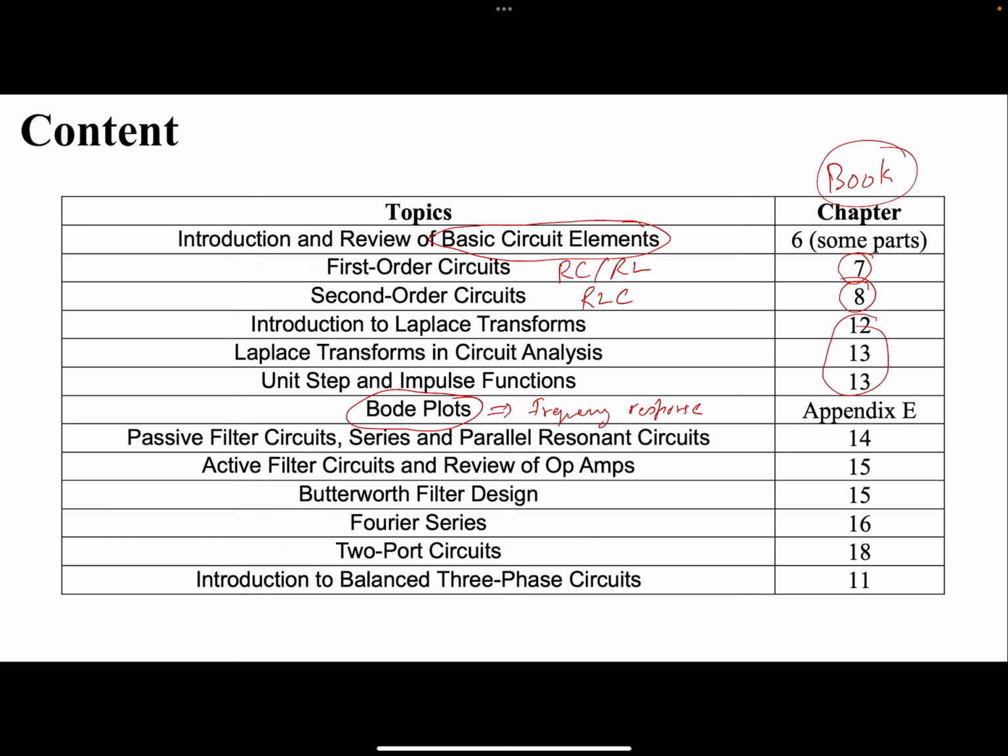Then we will also talk about Fourier series and two-port networks. I hope to cover as much detail as possible throughout the semester. The one thing I always run into is that I want to teach you more than the time I have, so let's try our best on how many topics we can go through. So we'll see.